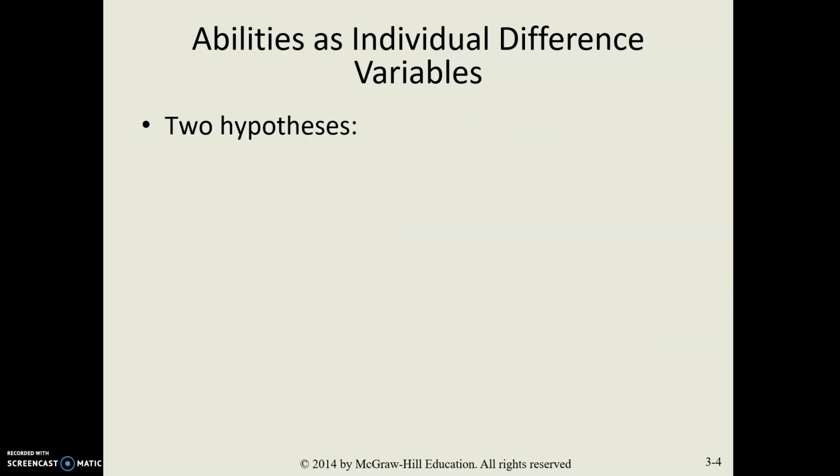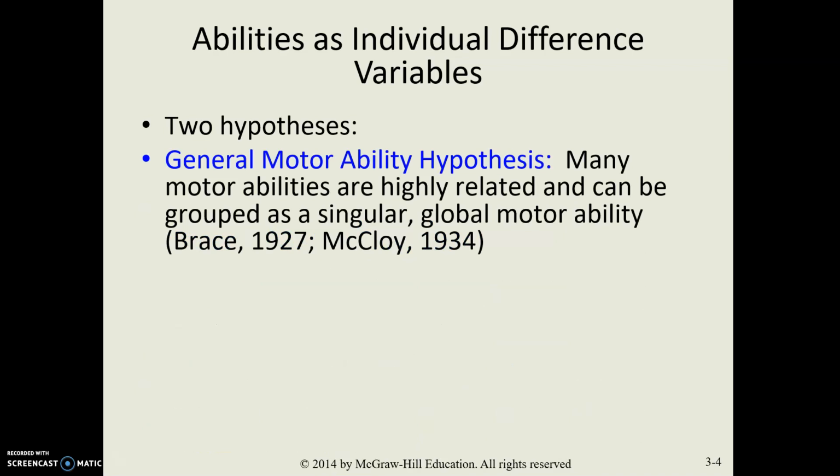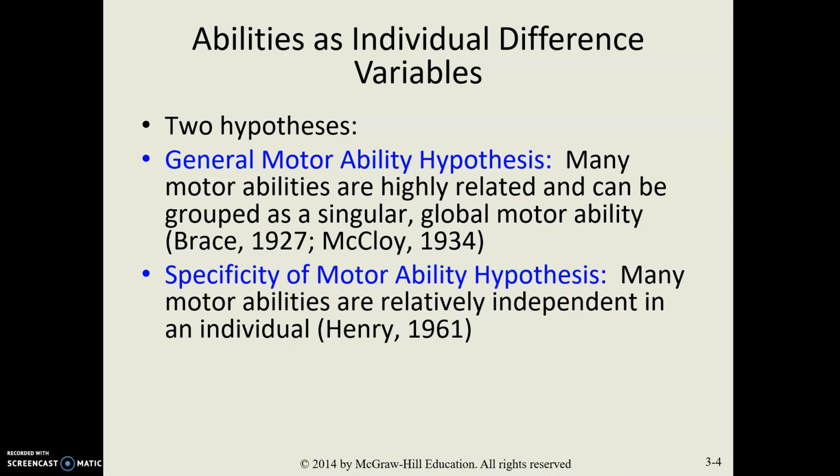There's two hypotheses out there. First, called the general motor hypothesis, which basically says that our motor abilities are highly related to one another and can be grouped together as one singular global motor ability. The other hypothesis is called the specificity of motor ability hypothesis. And this is the idea that motor abilities are relatively independent of one another.